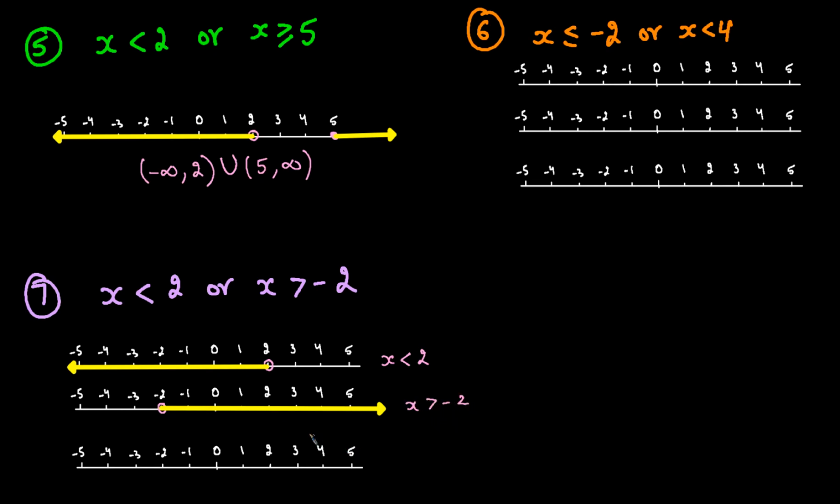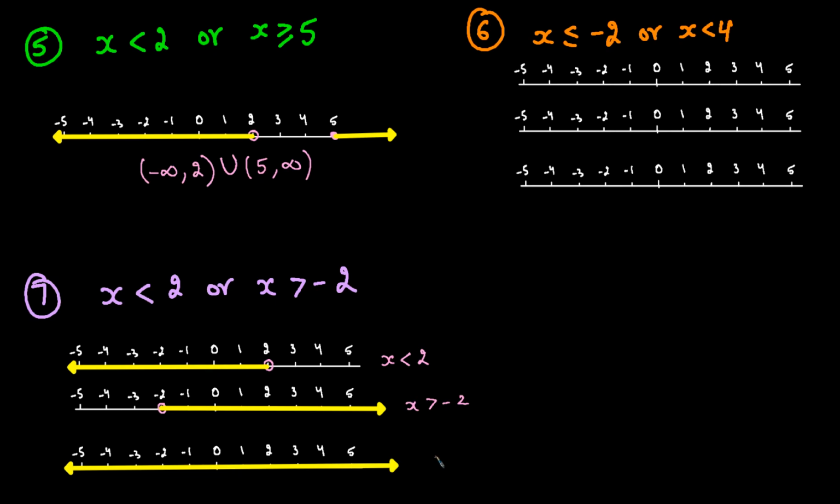And if you look carefully at x less than 2 and greater than negative 2, if we count all the solutions here, that means we are going to the left forever and to the right forever. So the solution for this one is to the left and to the right forever.